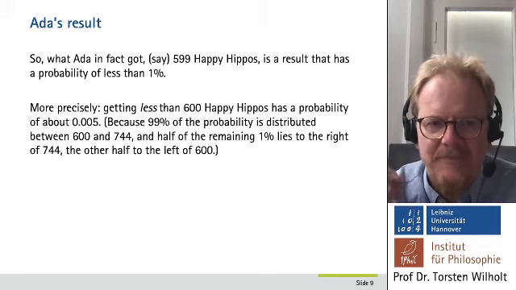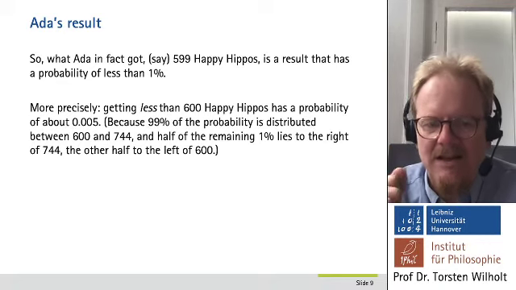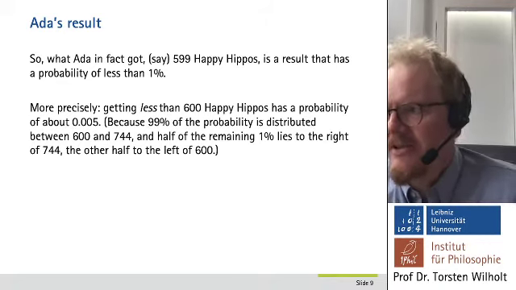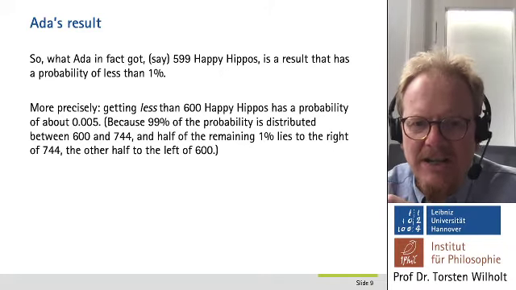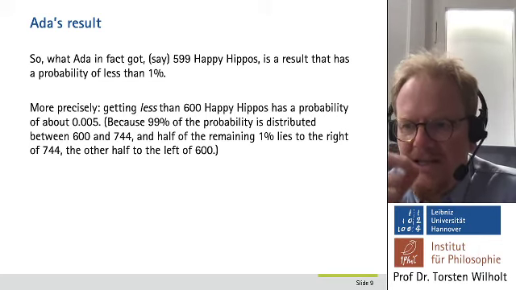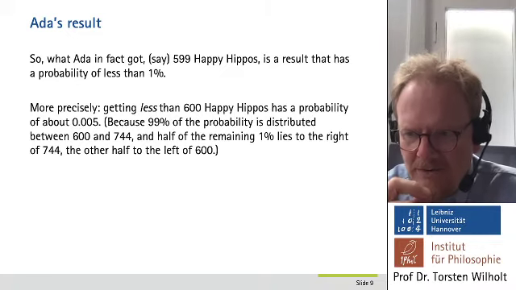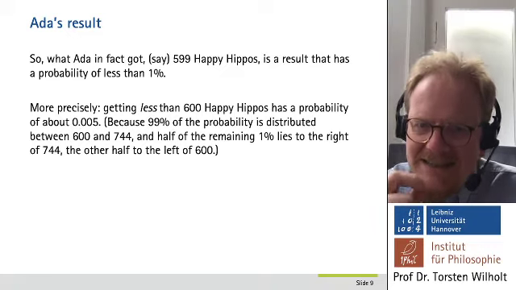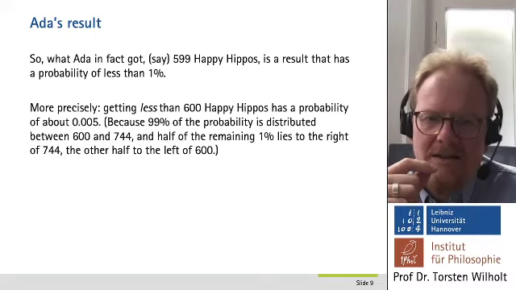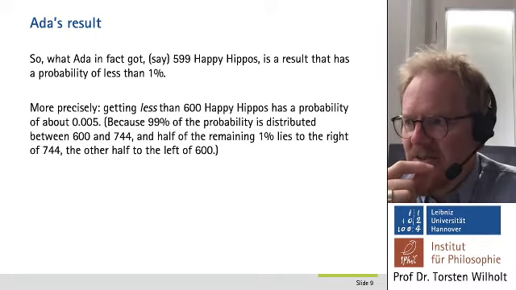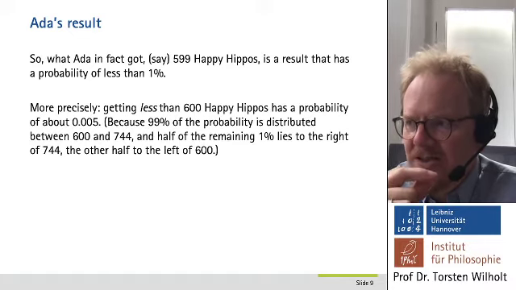It means that if the hypothesis is correct that 1/7 of the surprise eggs contain happy hippos, and Ada keeps doing these kinds of trials, she keeps buying batches of 4,704 Easter eggs, then in the long run she will get less than 600 sometimes, but less than 0.5% of the time. So less than once in 200 trials.